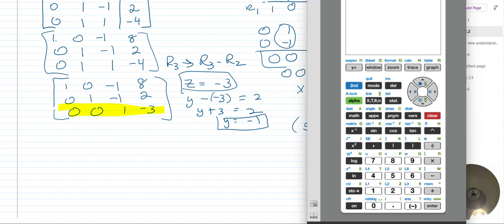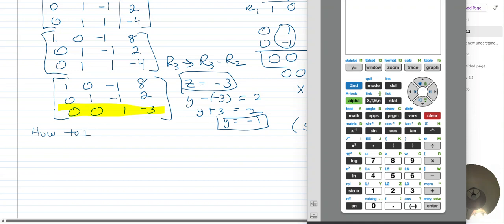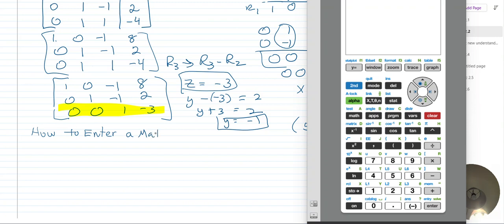All right. So we're going to first understand how to enter a matrix. All right. So that means we go to the second key, which is the first row, first key, it's a blue key. And then we're going to hit our matrix, which is the opposite of the inverse.